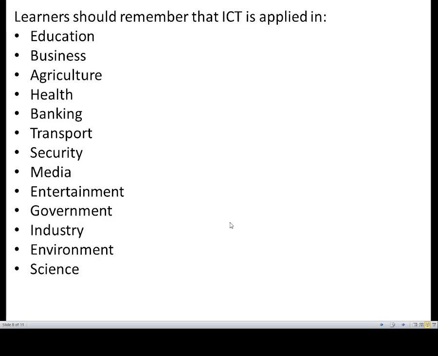And furthermore, as a learner, you must understand and remember that ICT is applied in education, businesses, agriculture, health, banking, transport, security, media, entertainment, etc. Government, industry, environment, science.